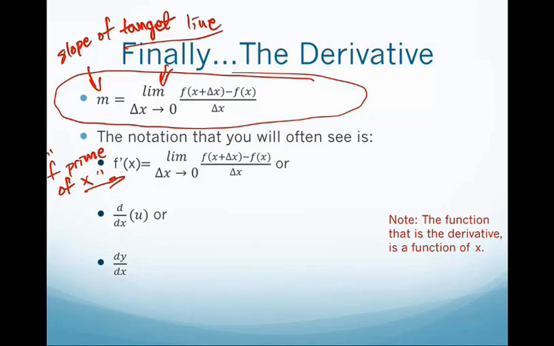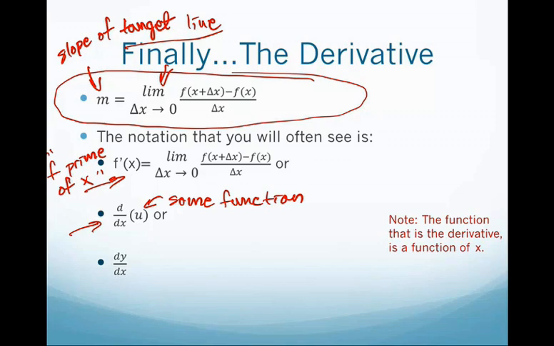Okay. Or you'll oftentimes see it written as du dx, where u represents just some function. Right? So if you're taking the derivative of some function, you'll see it written this way.